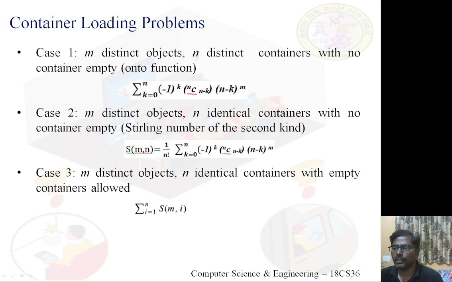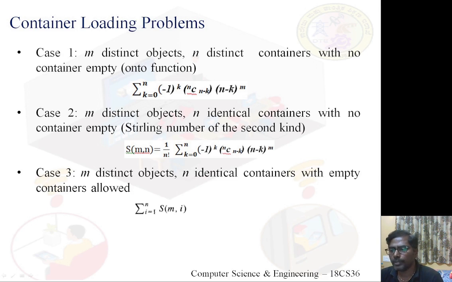Got it? So, to determine the number of ways of filling these m distinct objects among these n distinct containers with no container left empty, we need to determine the number of onto functions that are possible.